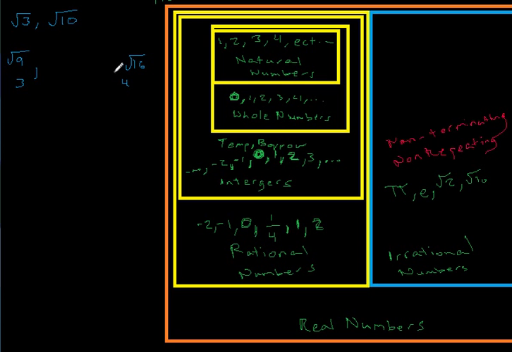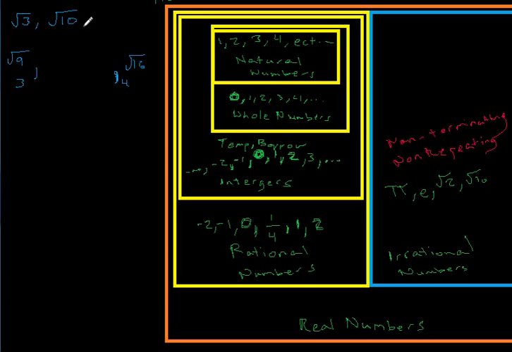These are called perfect squares. A perfect square is a number that has integers as its square roots.